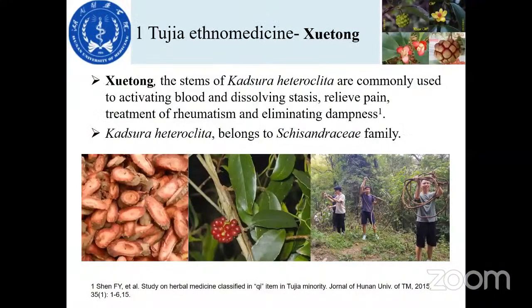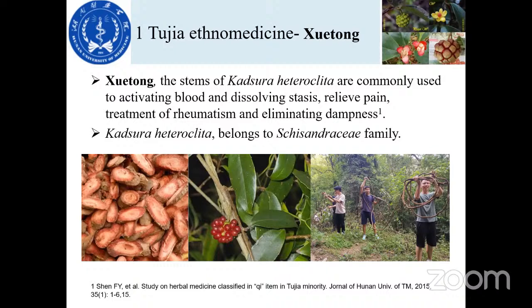My work is on one kind of herbal medicine from Tujia ethnic medicine. Its name is Xuetong. This Xuetong is the stems of Kadsura heteroclita, which are commonly used to activate blood and relieve pain in the minorities, and also used to treat rheumatoid arthritis.